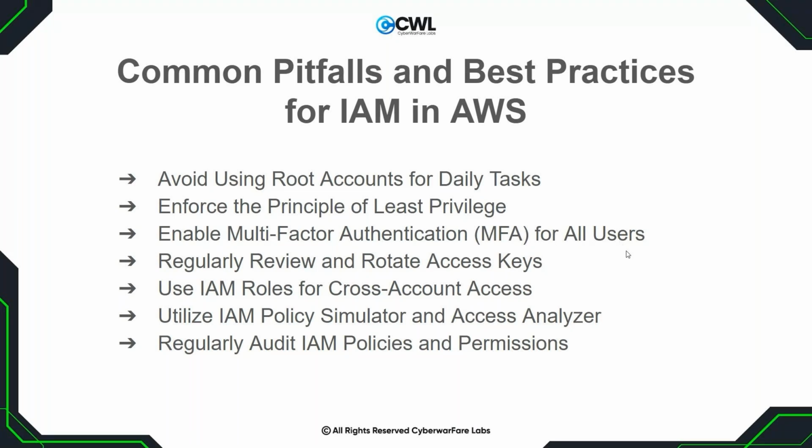This MFA will provide an added layer of security by requiring a second form of verification. Regularly review and rotate access keys. Periodically review and rotate access keys for users and services to prevent long-term credential exposure.